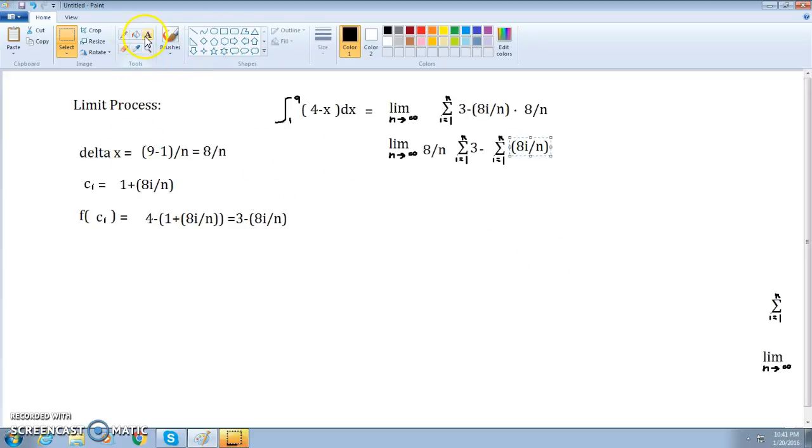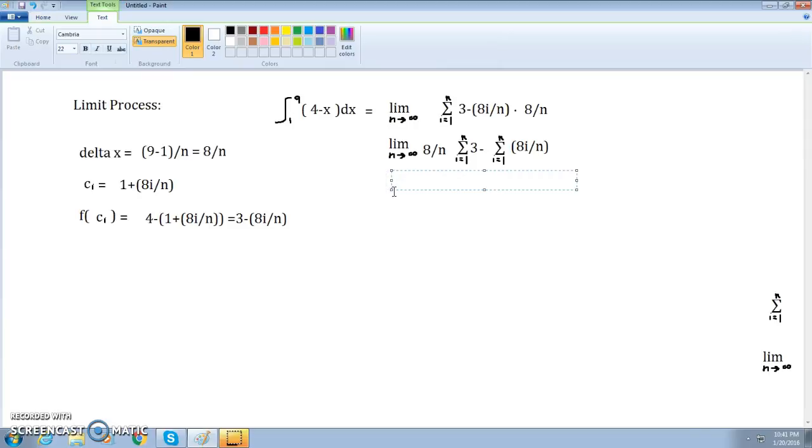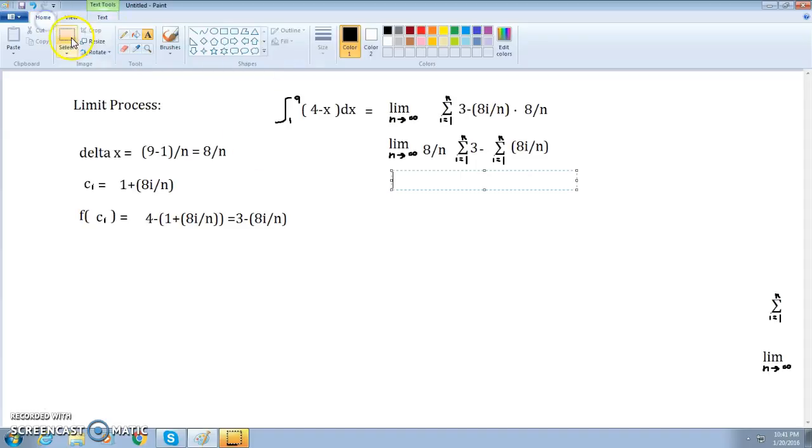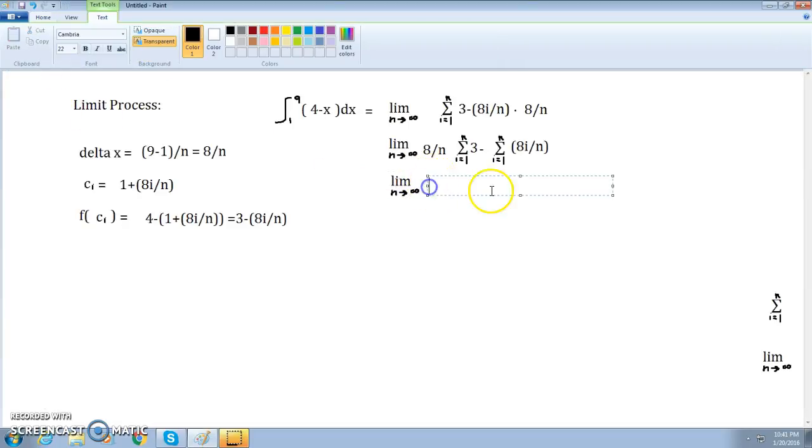Now we're going to simplify this even further. So what we could find is that this is equal to the limit as n approaches infinity of 8 over n times, since this is a constant, we could multiply it by the upper bound, so this would be 3n, minus, for the second summation, we have to simplify it even further.